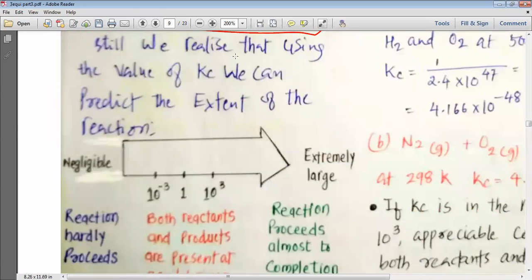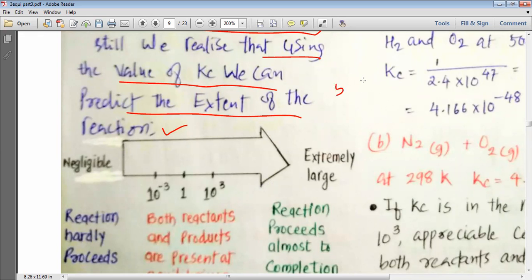Still, we realize that using the value of Kc, we can predict the extent of reactions, because if the concentration of product is more than the concentration of reactant, we can say that the reaction has taken place more than 50%. If the concentration of reactant is more than the concentration of products, we can say that the reaction has moved forward less than 50%. At least this is what we can generally get as an idea.